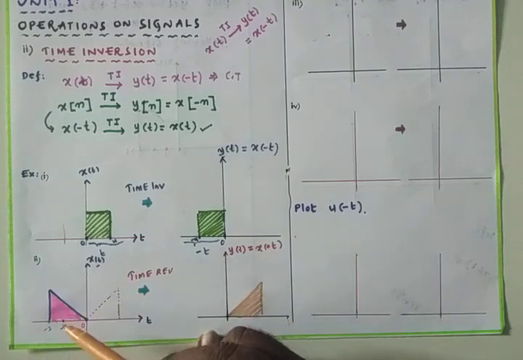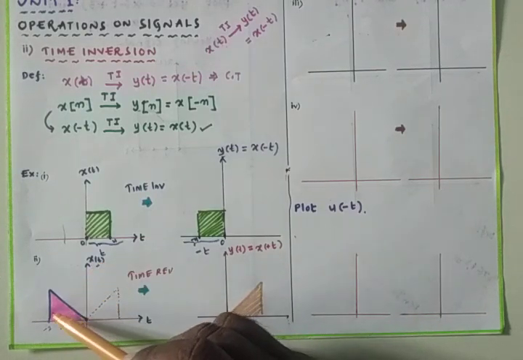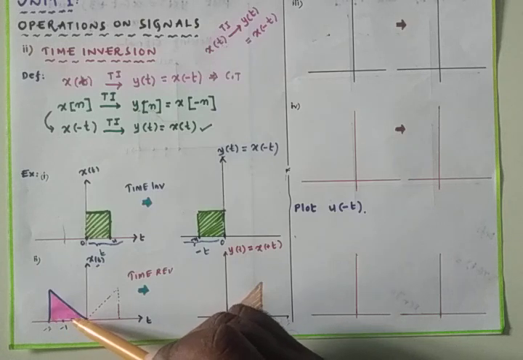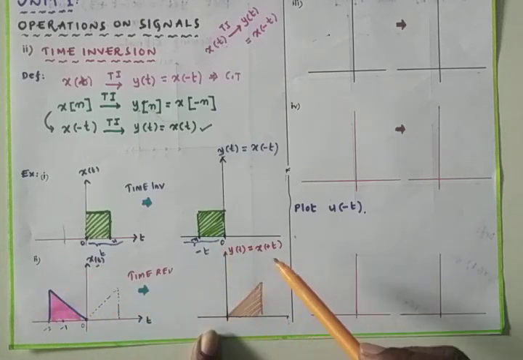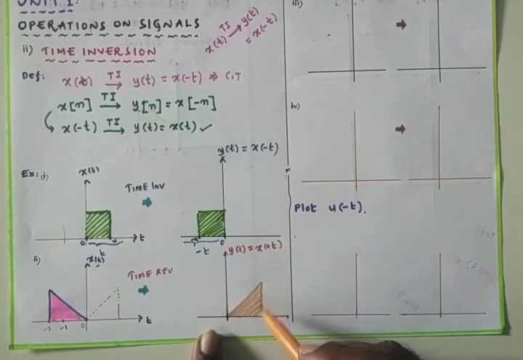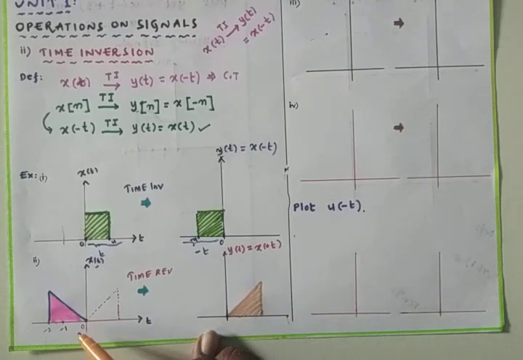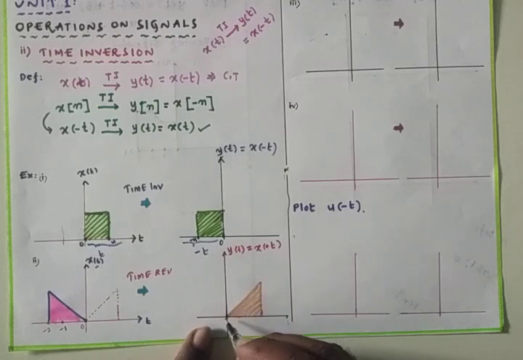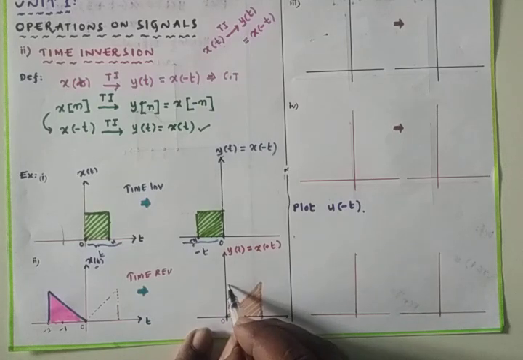That means here x of t, but t is negative, and this negative is replaced by negative into negative, that is positive. So here 0 to minus 2 is replaced by minus t, again minus into minus is plus, so this is 0, this is 1 and this is 2. And the amplitude remains the same.